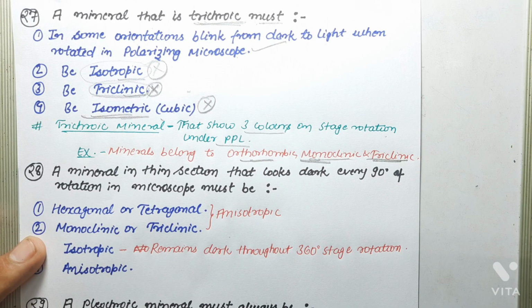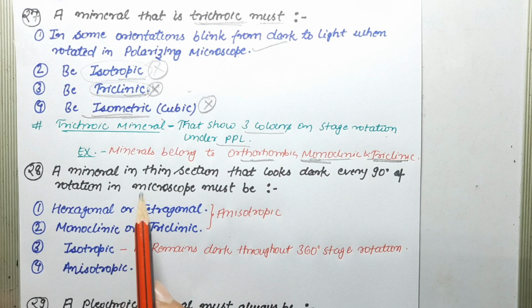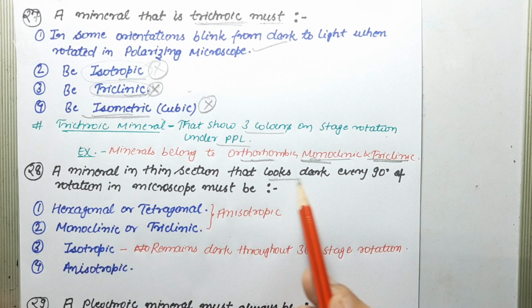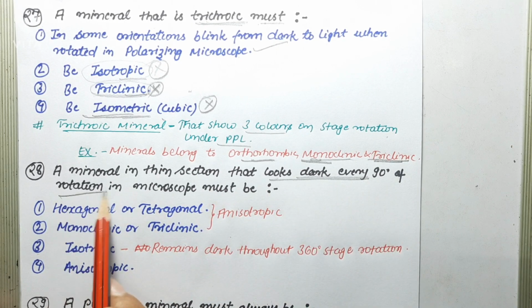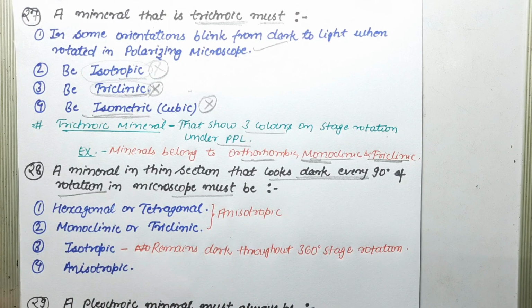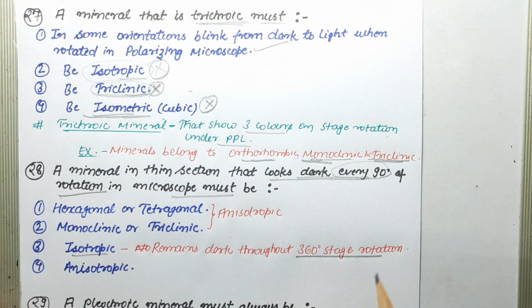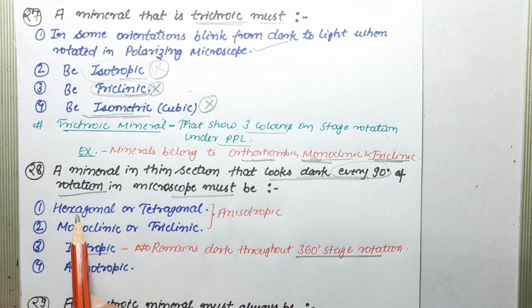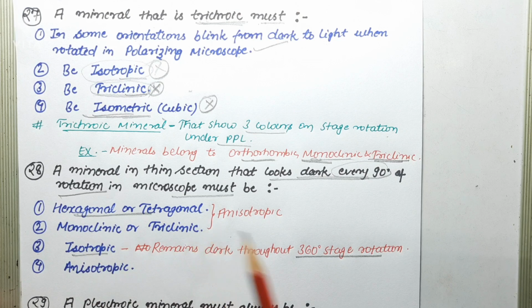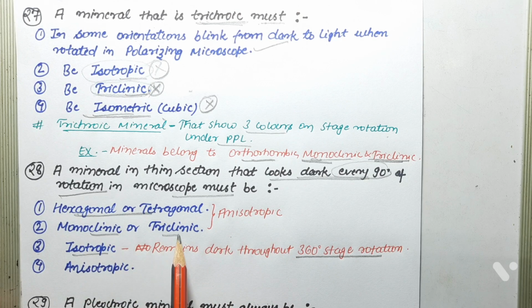Next question says a mineral in thin section that looks dark every 90 degrees of rotation in the microscope must be. Now if a mineral looks dark in every 90 degrees of rotation, then it is considered an anisotropic mineral, and it is isotropic when it remains dark throughout 360 degree rotation. Now let's check the options. First one is hexagonal or tetragonal. These are anisotropic minerals, but along with these, monoclinic, triclinic and orthorhombic are also anisotropic minerals.